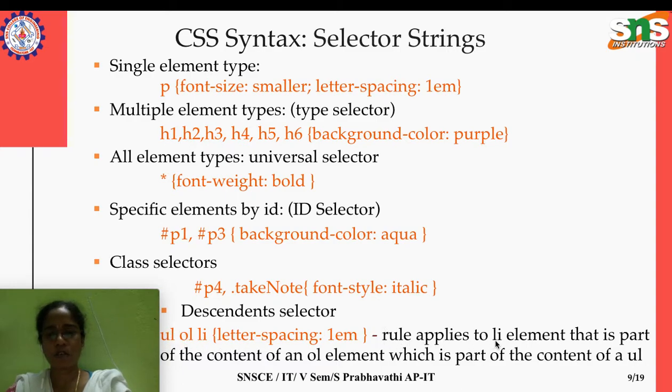So this rule applies to a list item that is part of an OL element, which is again part of a UL element. This style won't be applied to a list item alone, nor to a UL element alone. It will be applied only when we have a list item within an OL, where the OL is within the unordered list. This way is said to be a descendant selector.